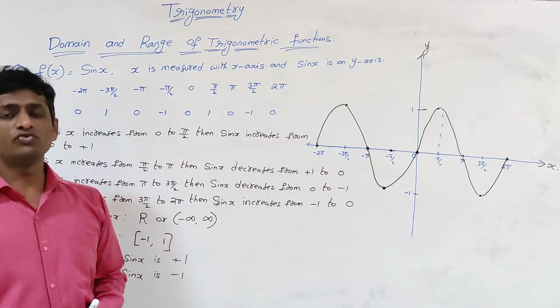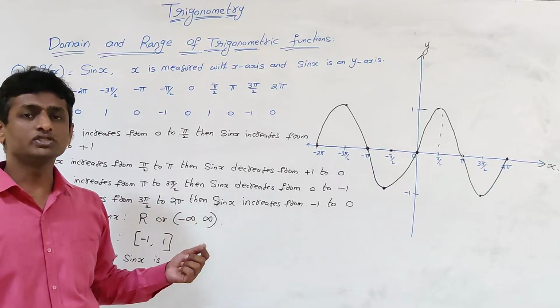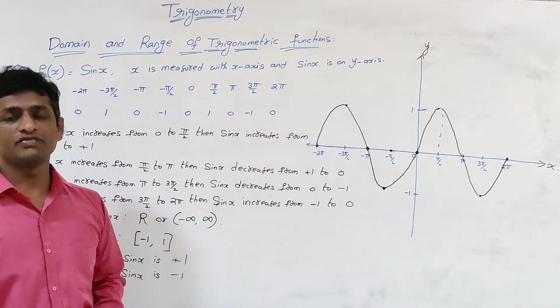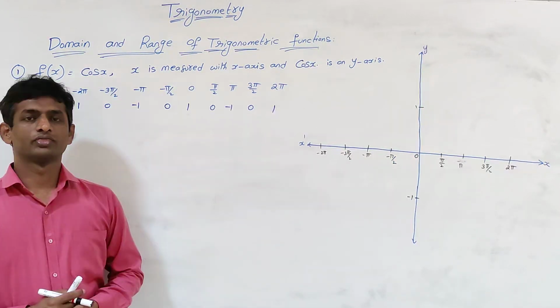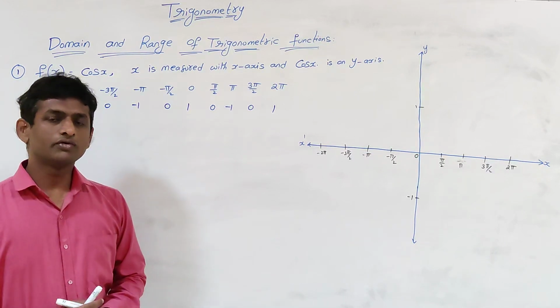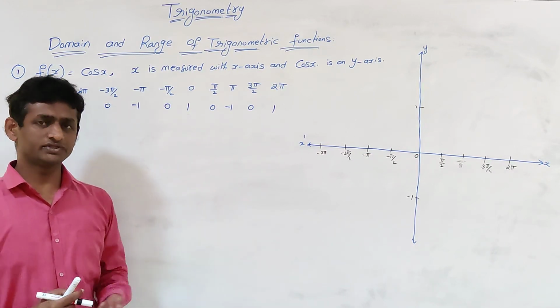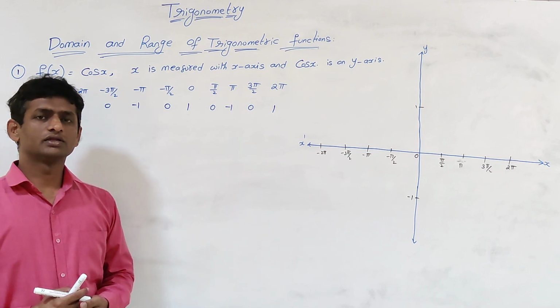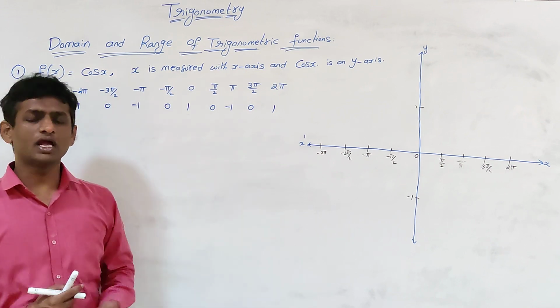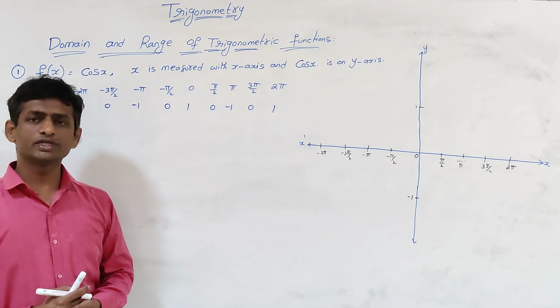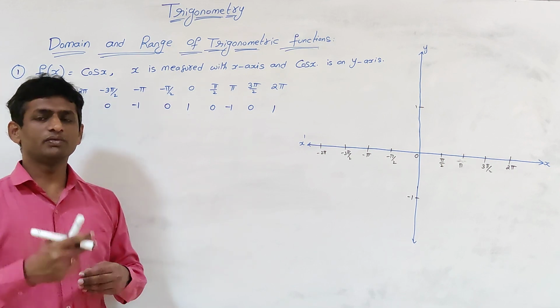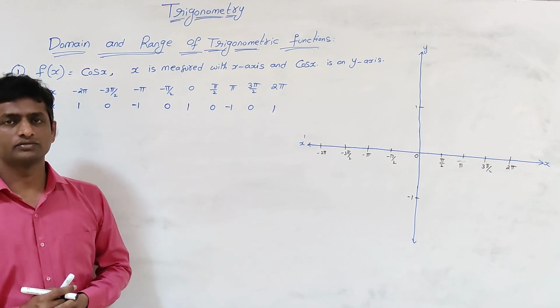Next, we'll go for the domain and range of the second trigonometric function, cos x. Now we'll take some random values of cos x, and x may be rotated in the anti-clockwise direction or clockwise direction. It will be keeping on rotating.